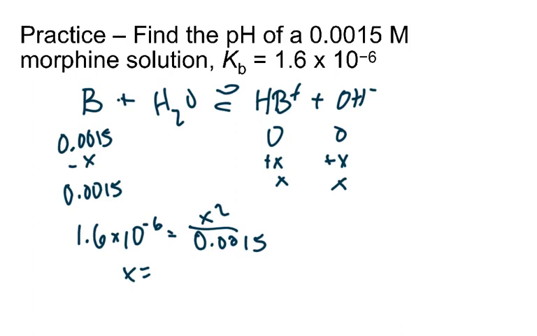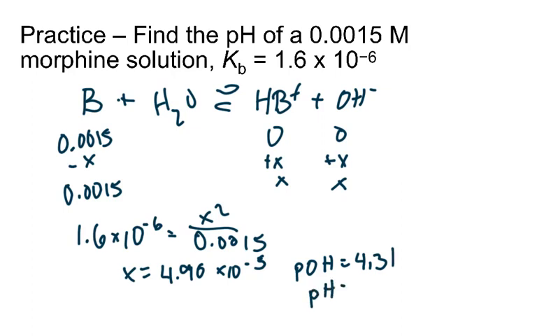So my x is 4.8989, so 4.90 times 10 to the minus 5th. So my pOH is 4.31, which means my pH is 9.69. So that was just 14 minus 4.31.